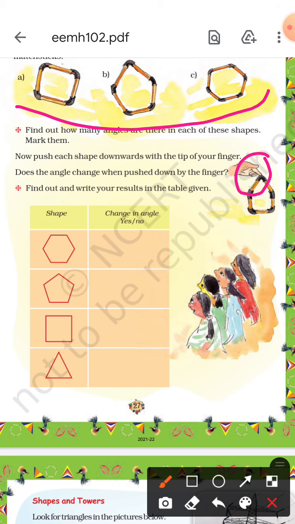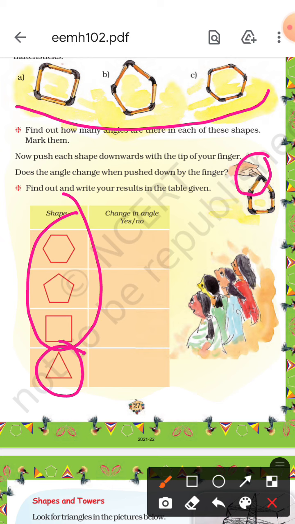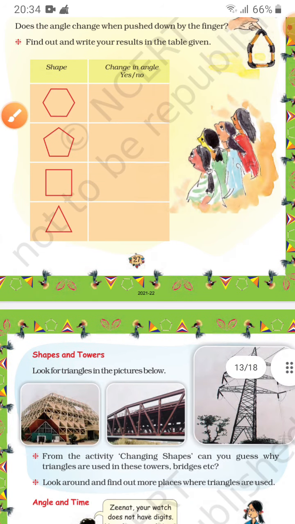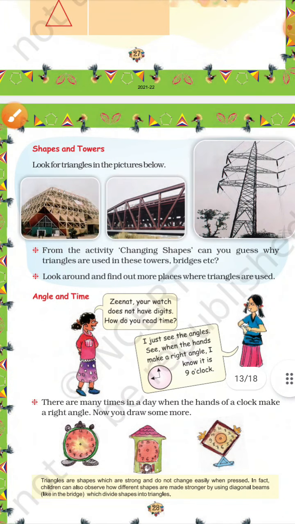So in each of the figures we will have a change in angle, but in this figure there will be no change in angle if we push down the figure by the finger. You can do it yourself also.